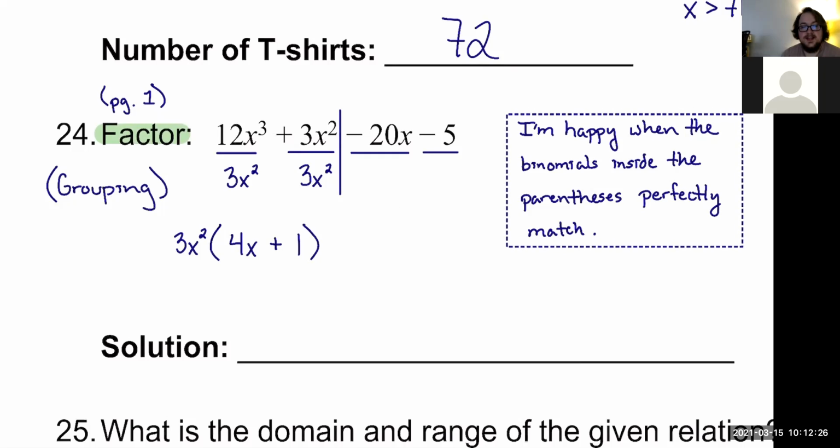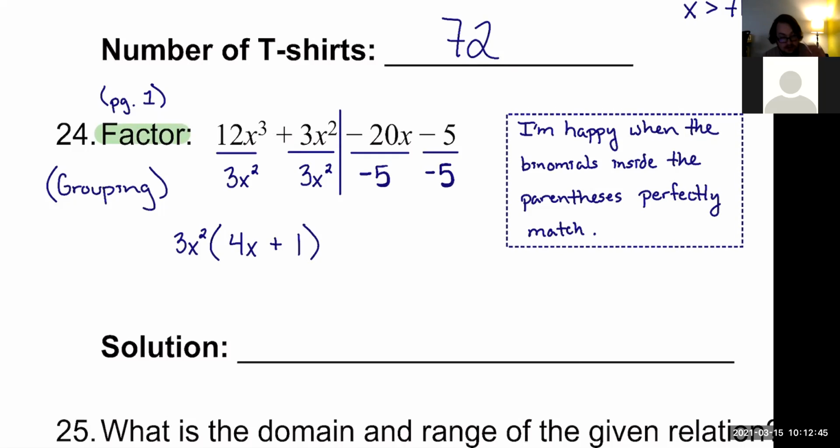So on the right-hand side, what's the greatest common factor of negative 20x and negative 5? Negative 5. Negative 5. I'm very intrigued. Why did you choose negative instead of just 5? Because a negative divided by negative equals a positive, and you want a positive 4x plus 1.